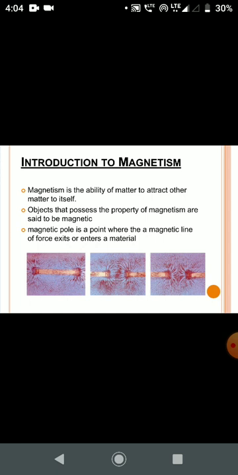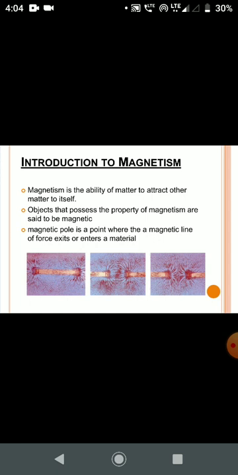Magnetism is basically the ability of matter to attract other matter to itself, and objects that possess the property of magnetism are said to be magnetic. The theory of magnetic particle inspection is a relatively simple concept, and it can be considered a combination of two non-destructive methods, magnetic flux leakage testing and visual testing as well.